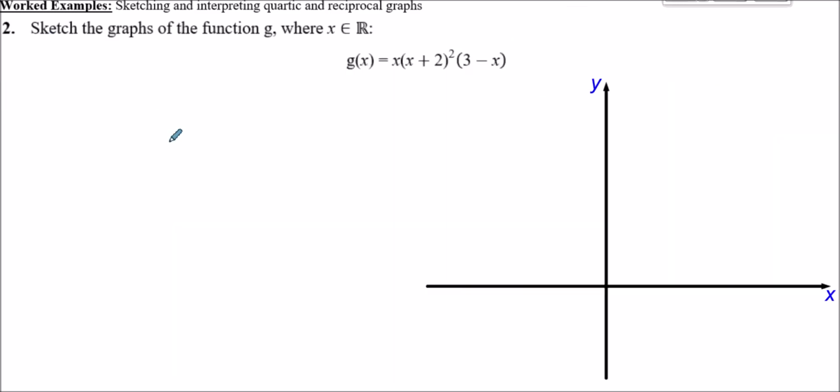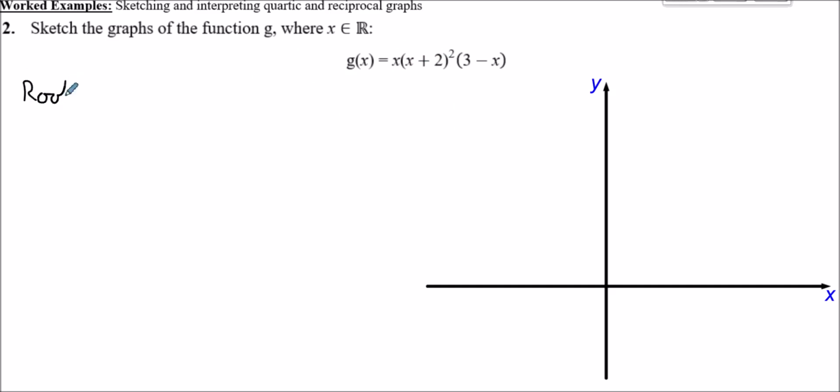Question 2, sketch the graph of a function g where x is any real number. So this can't factorize anymore. Okay, so this tells us all the roots we need. This is going to come into play where I said use your intuition from the cubic sketching, in particular this idea of a repeated root.